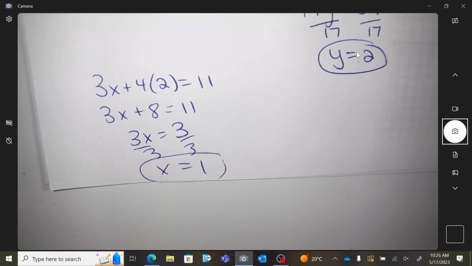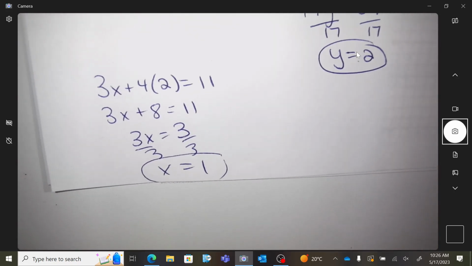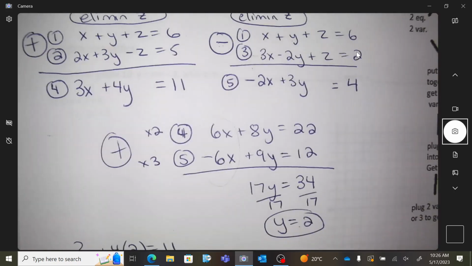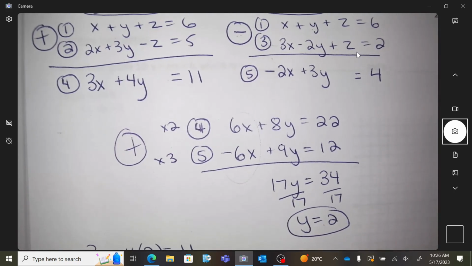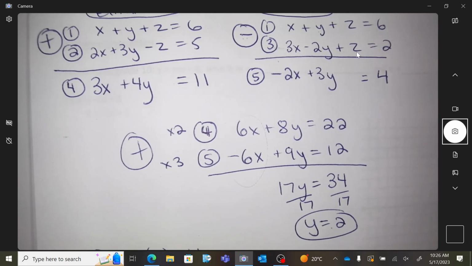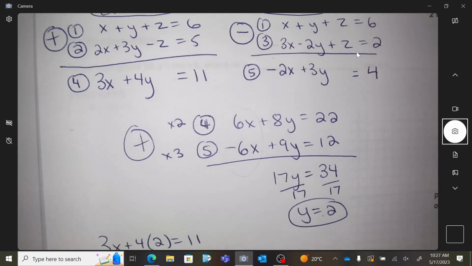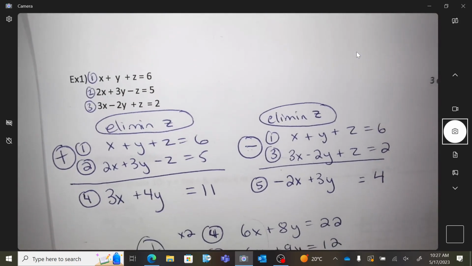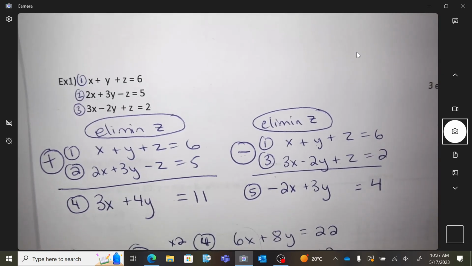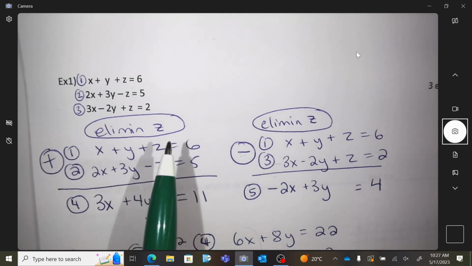So where should I go now if I'm working back out? So there, I got 1. I plugged it into 4 or 5. And now I have 2 things. So where should I go plug in now at the end? 1, 2, or 3. So that's me funneling back out, right? You go up to the 4, 5, and then you go back up to the 1, 2, 3. Which one looks like the best math?